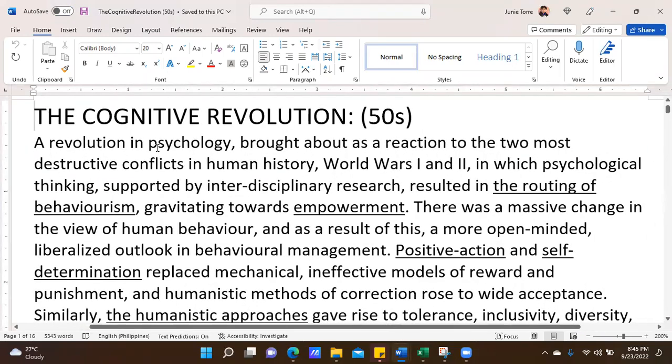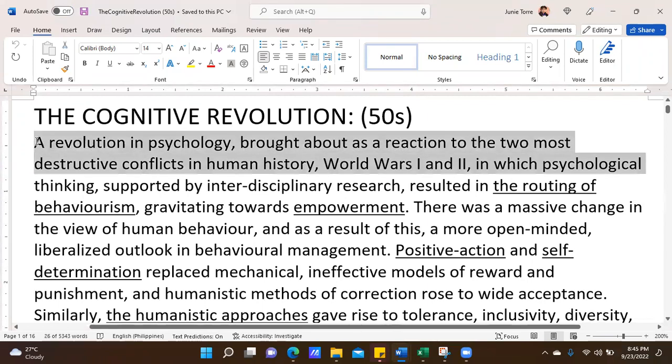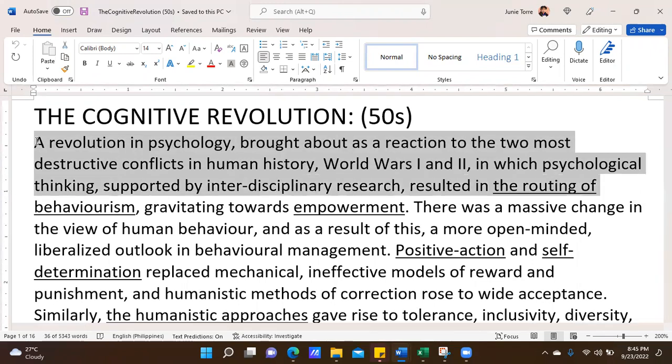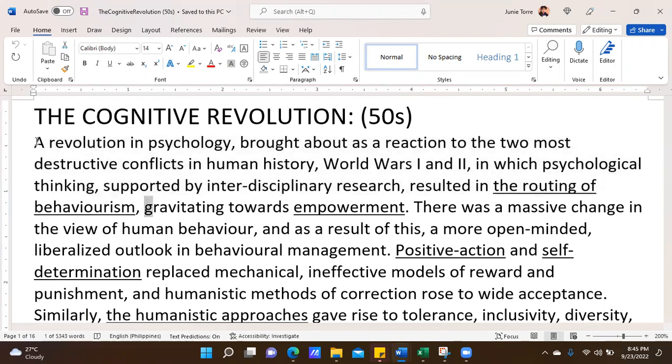Dalawa na lang, guys. A revolution in psychology brought about as a reaction to the two most destructive conflicts in human history, World Wars I and II, in which psychological thinking supported by interdisciplinary research resulted in the routing of behaviorism, gravitating towards empowerment. It's a big word, guys. There was a massive change in the view of human behavior, and as a result of this, a more open minded, liberalized outlook in behavioral management.